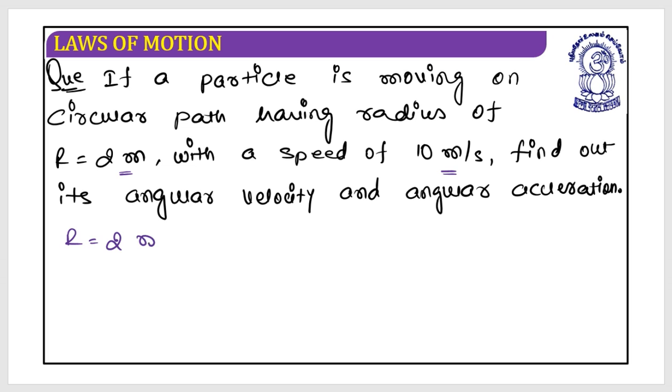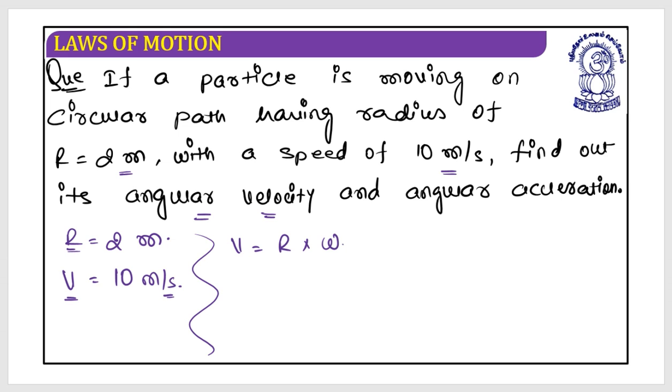So r is 2 meter, and the linear velocity is given, it's 10 meter per second. What I require is the angular velocity. So angular velocity and v and r, do they have any relation? Yes, they do. So v is equal to r into omega. This v is 10 meter per second, r is 2. Omega is required, and omega is 10 by 2, which is 5 radian per second. I hope this is clear.